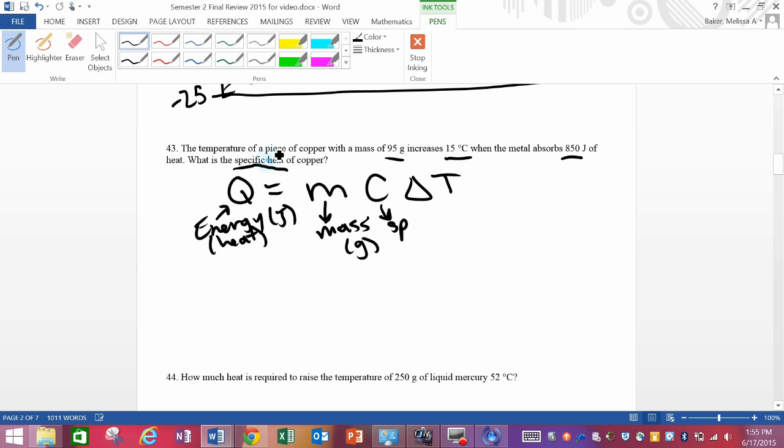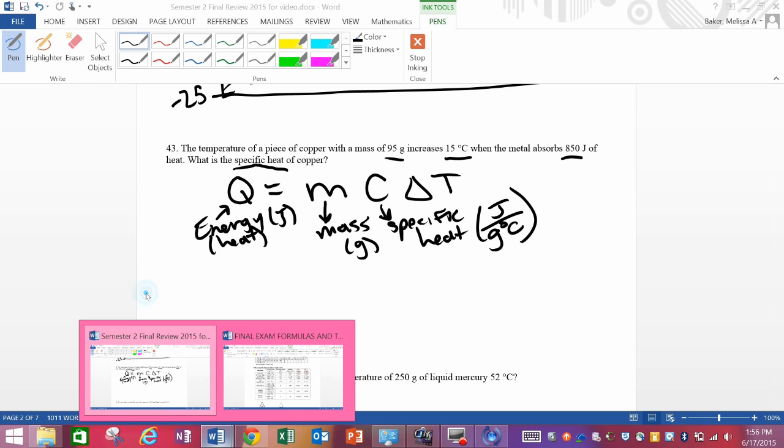C stands for specific heat. And the units for this one are interesting. It's how much energy it takes to change the temperature 1 degree Celsius of 1 gram of that material. So every material has a different specific heat.